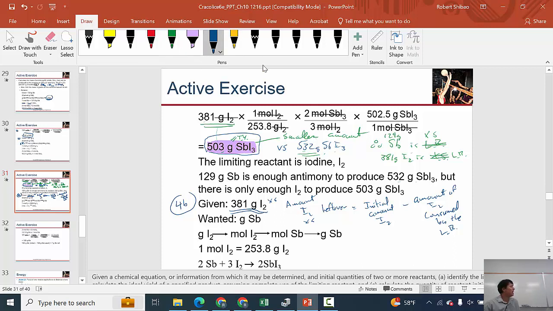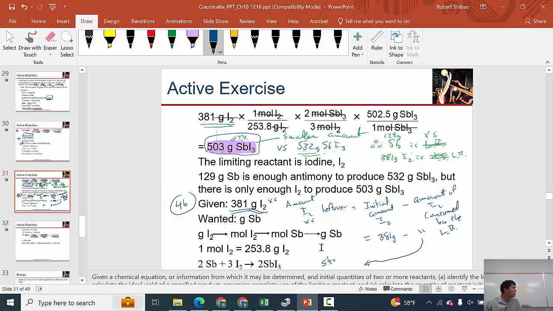So the amount of iodine initial is 381 grams. Out of that 381 grams, how much of that was consumed by the LR? And so the amount that's consumed by the LR, we get that from stoichiometry.